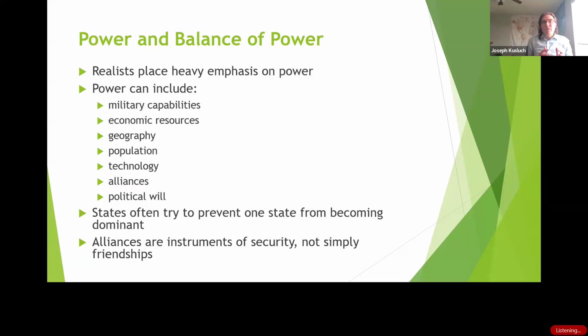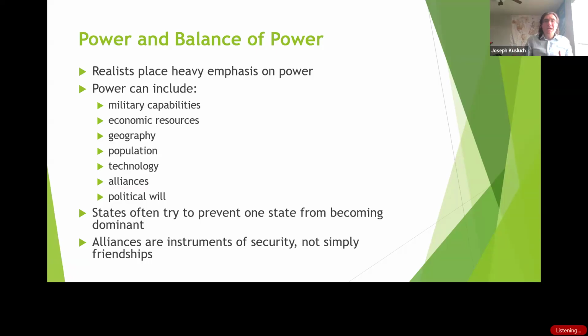This is where the concept of balance of power becomes important. Realists argue that states often try to prevent any one state from becoming overwhelmingly dominant in the international system. They may do this by building up their own capabilities, which is called internal balancing, or by forming alliances with other states, which is called external balancing.